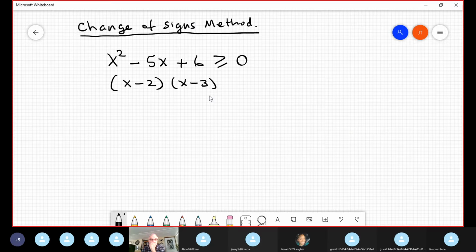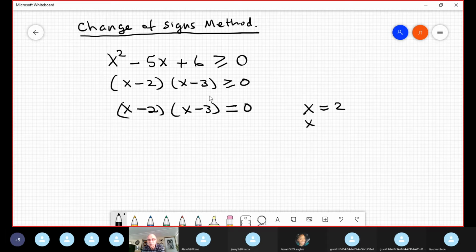Okay, so you do the factorization again. No problem. I understand very well. And you temporarily convert my problem to an equation. I ignore the greater than or less than sign, depending on the problem. I solve the equation that I did before. The answer is 2 and 3.